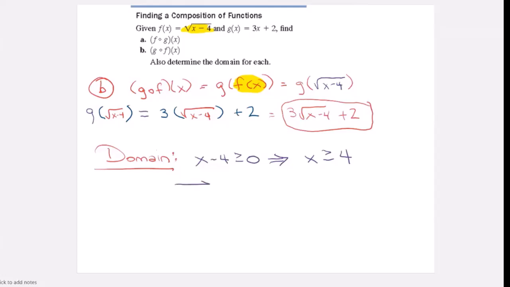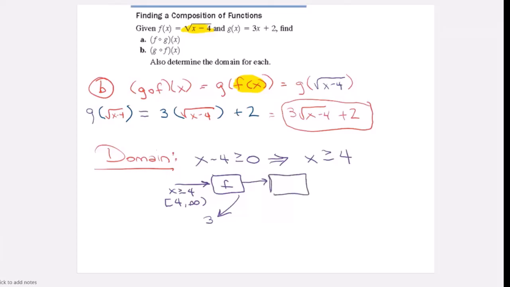So this is x is greater than or equal to 4, or in interval notation 4 comma infinity, going into my first function, f. Now notice, f is the square root of x minus 4, so if I put in 3, it's just going to blow up, right? 3 can't go through. 4 is the first number that can go through.